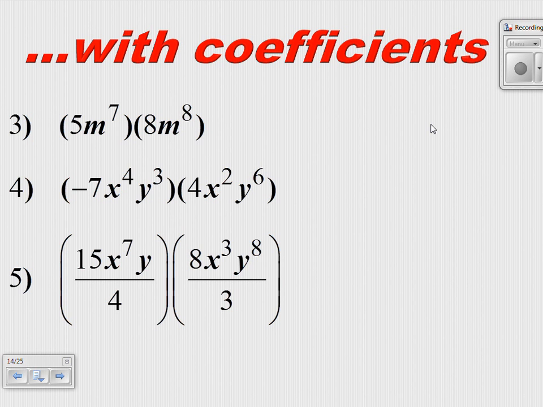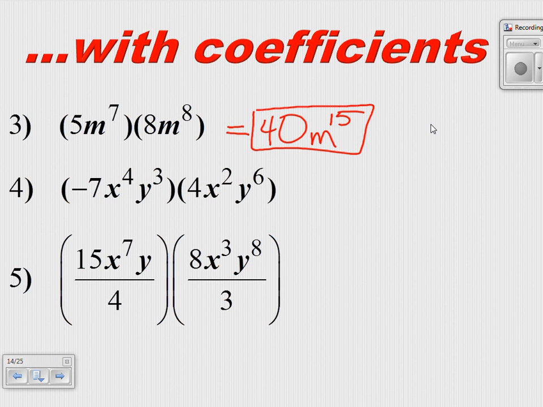With the coefficients 5 and 8, you multiply them, so 5 times 8 is 40. Then for m to the 7th times m to the 8th, you add your exponents. Therefore, the answer would be 40m to the 15th.